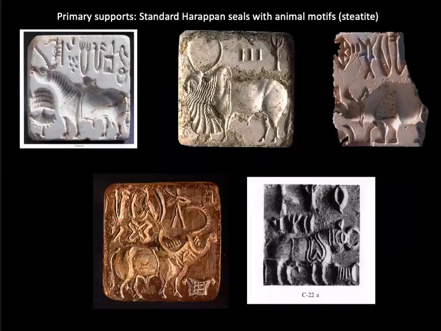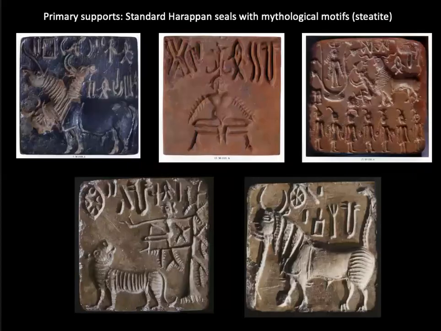So the most typical ones, as I mentioned, are the square stamp seals with animal motifs and generally a single line of inscription carved into steatite. In addition to these, the square seals also include a number of examples that have mythological or fantastical motifs carved onto them. And we can see a number of examples here in this image.